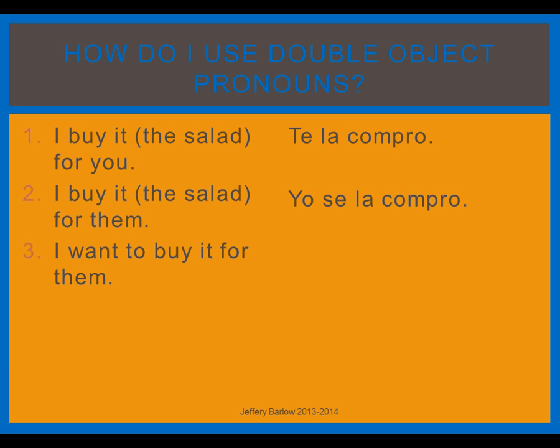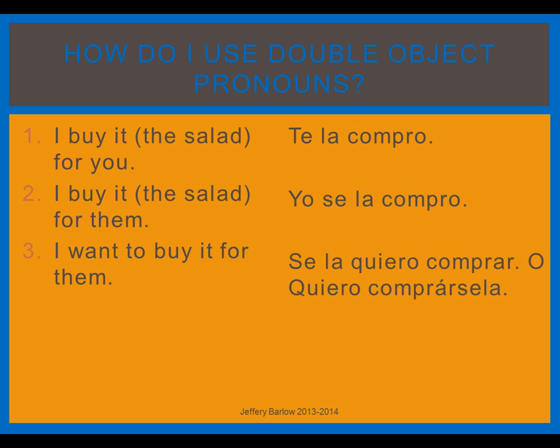I want to buy it for them. We have the same pronouns, but now we have a conjugated verb and an infinitive. Our first position is before the conjugated verb, which is quiero. Se la quiero comprar. And if we want to attach it to the end of the infinitive, quiero comprársela.